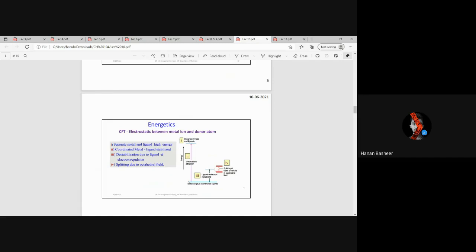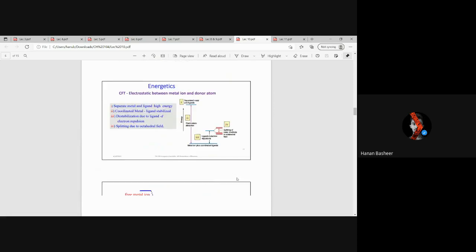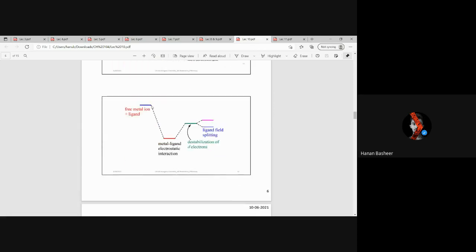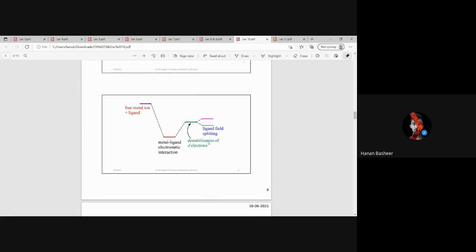When they bond together, the energy reduces, and after that ligand d electron repulsion will cause the energy to increase again, and then there is splitting of outer d orbitals in an octahedral field. So this is the pattern I just described: initially very high, then low, then again high, and then splitting.